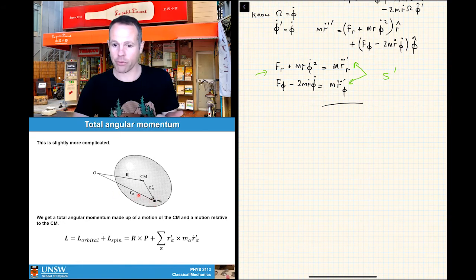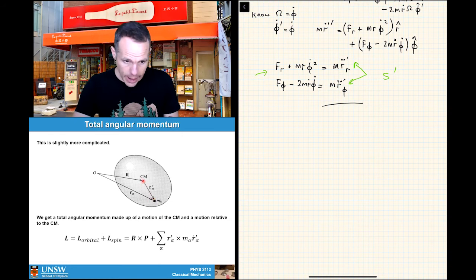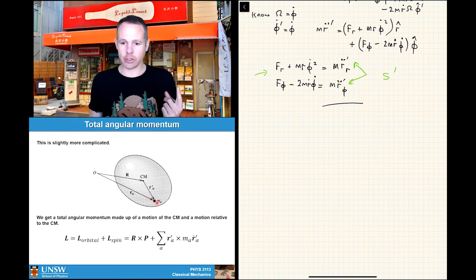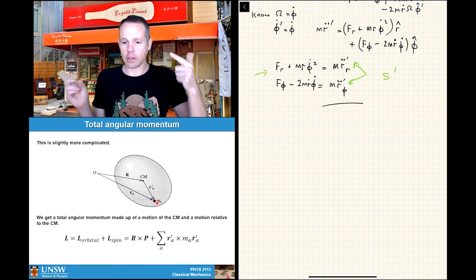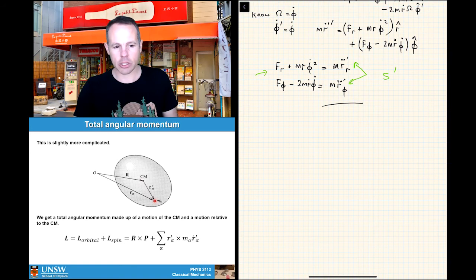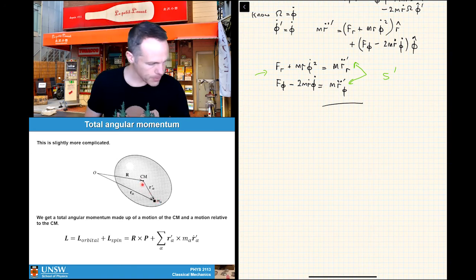So we're going to refer that back to our original origin. And then we can define a little vector in here, R dash. Now R dash is basically the difference between the position of the center of mass and the position of that object. In other words, it is the position of that mass relative to the center of mass, okay?